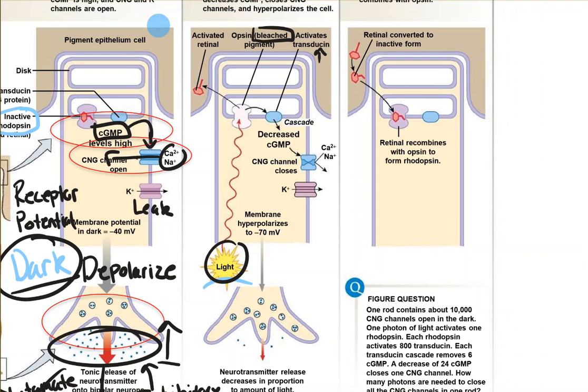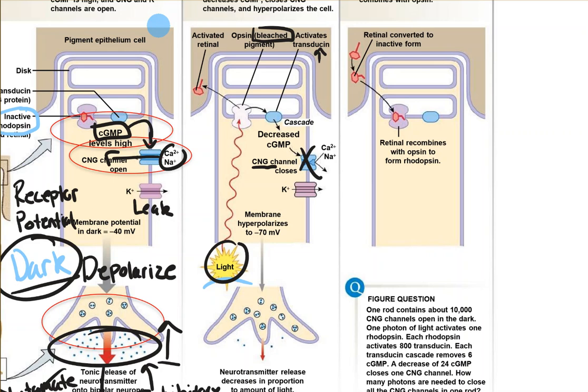What phosphodiesterase will do is turn cyclic GMP into just GMP. So it's no longer the cyclic nucleotide, it is just the monophosphate nucleotide, which means that the cyclic nucleotide gated channel no longer has its ligand to open it. So with that phosphodiesterase getting rid of the cyclic GMP, this channel will close.